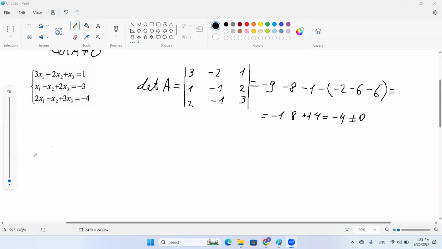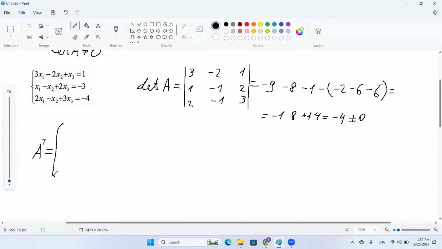Yes, so we need to change symmetrically, relative to the diagonal. You mean transpose, yeah? Yes. So firstly we transpose the matrix A, and what does it mean actually to transpose?